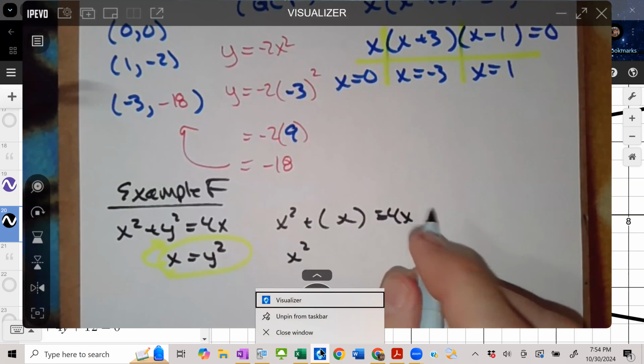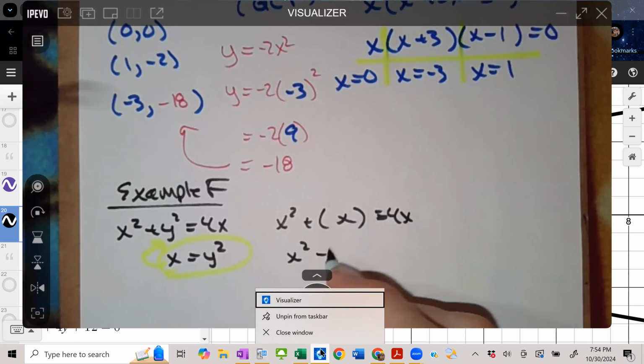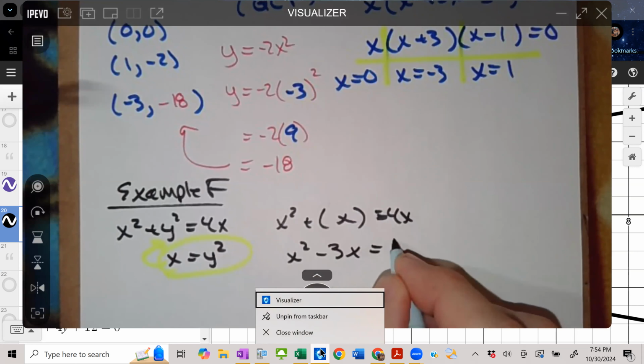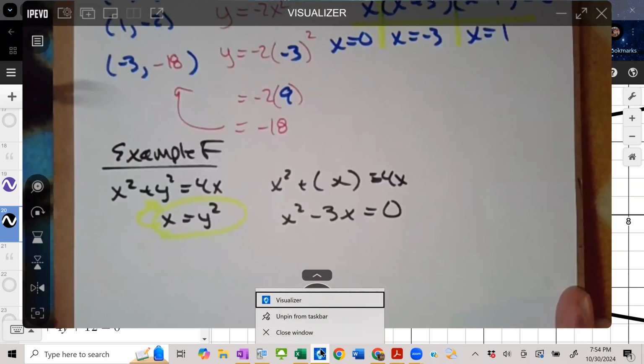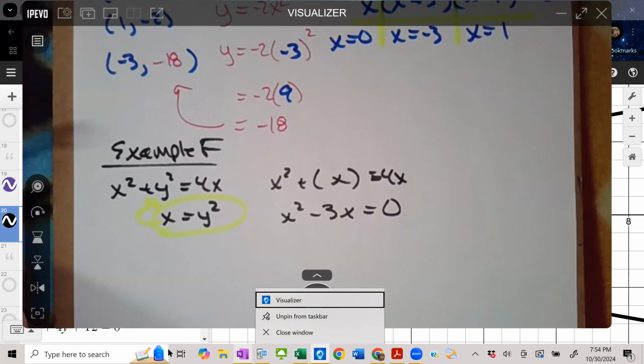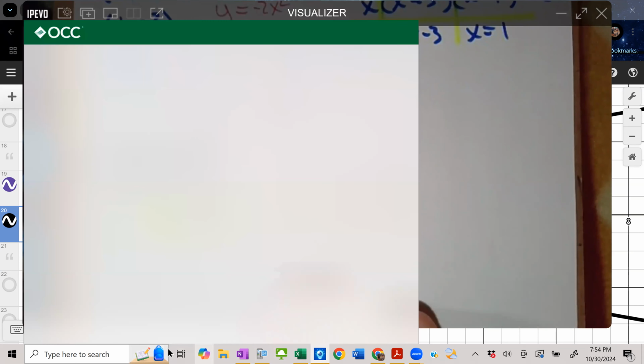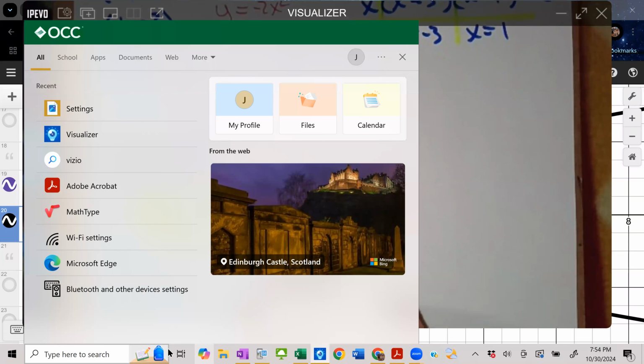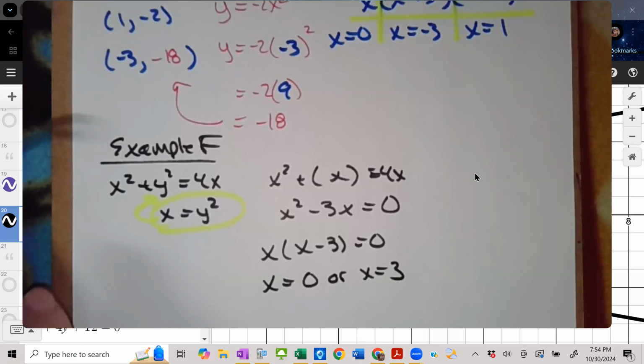And if I subtract 4x, x minus 4x gives me minus 3x. Okay, looking great. Just like example E, I can factor out a GCF, x times (x minus 3) equals 0, gives me either x equals 0 or x equals 3. So those are your two x coordinates.